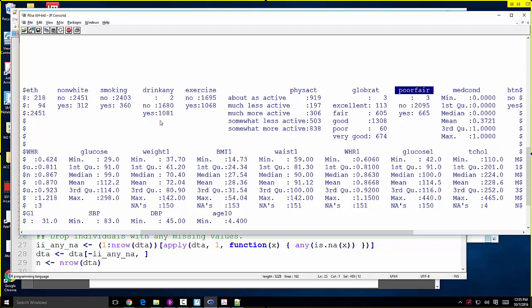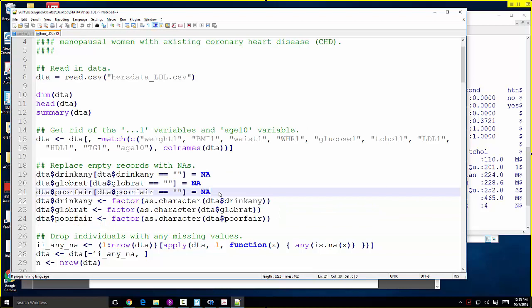I don't want it to be treated that way, so I'm going to force it to be redefined. If I take a factor like data$drink_any, and I say as.character, then it unfactors it. It's not a factor anymore. It's just a character string with NAs and nos and yeses in it.